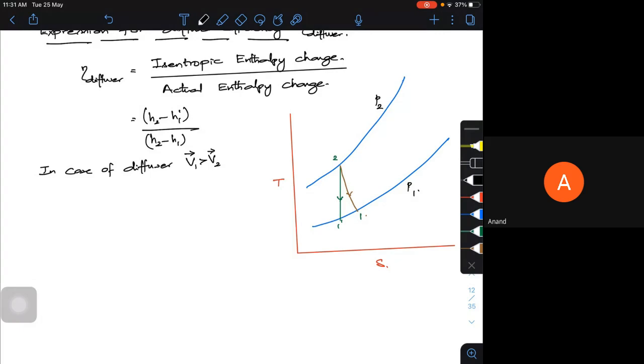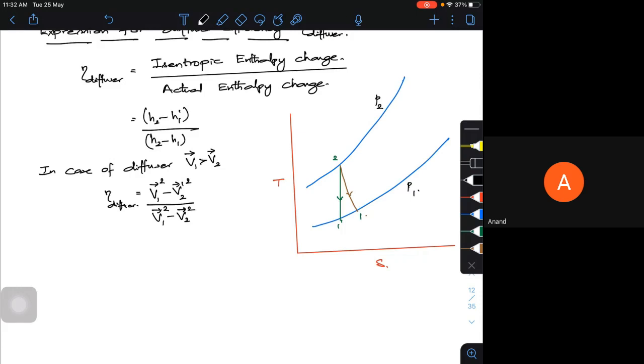So I can write this expression as v1 squared minus v2 dash squared divided by 2, where the 2s cancel out. So in terms of velocities, this will be v1 squared minus v2 squared, since the velocity at 2 is slightly lower than v1.